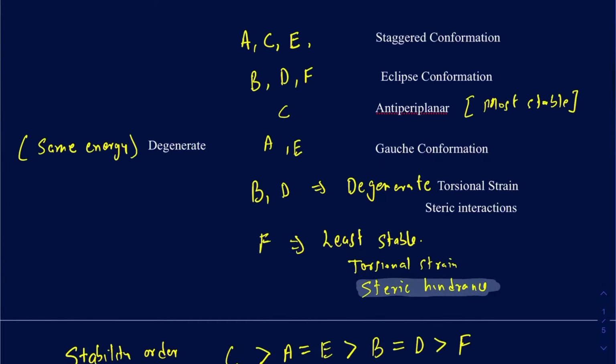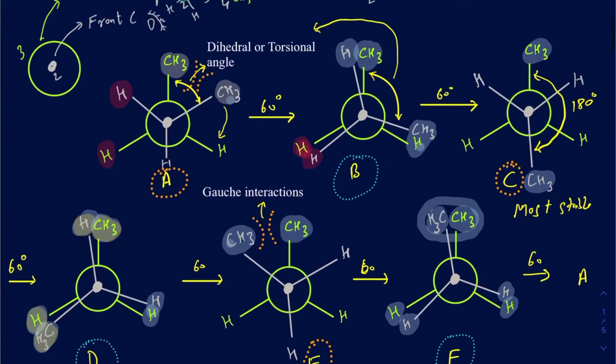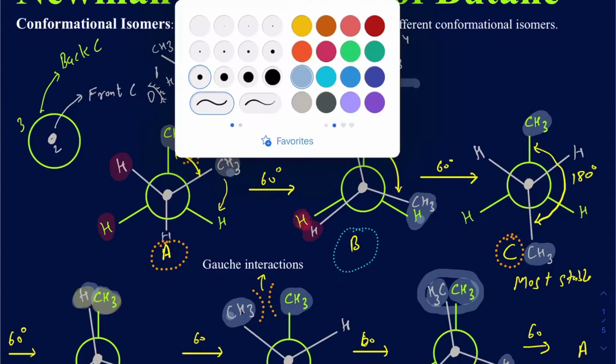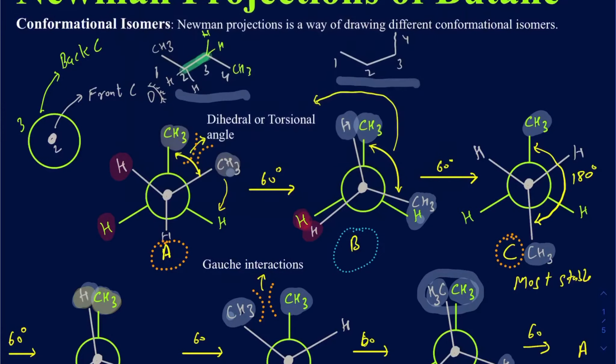So if I want to go back to the original question I had posed by drawing those two conformations in the beginning: remember I drew this conformation right there and that conformation right there, and then I asked you why would you prefer to draw one way rather than the other. That's because there are two methyl groups that we were looking at. In case of the first, they are anti to one another.